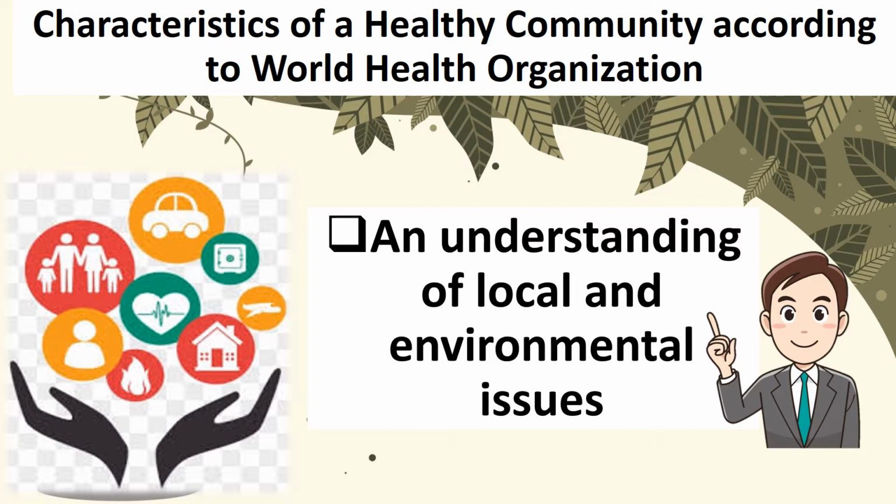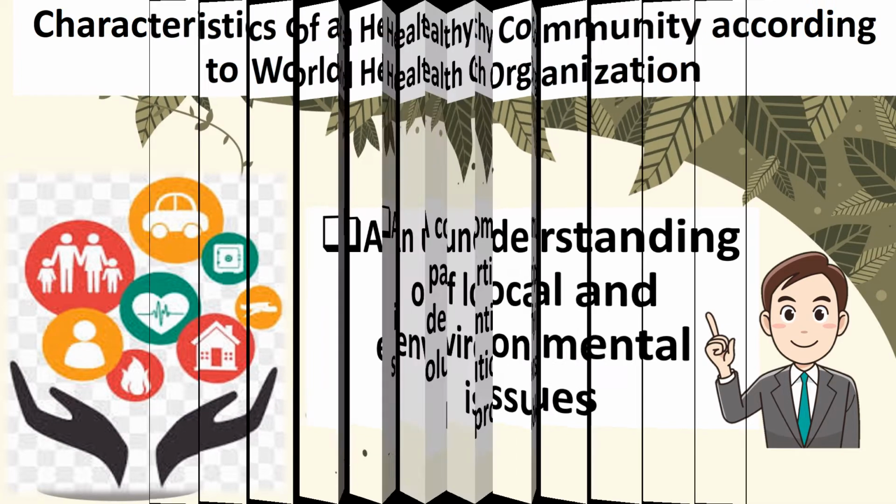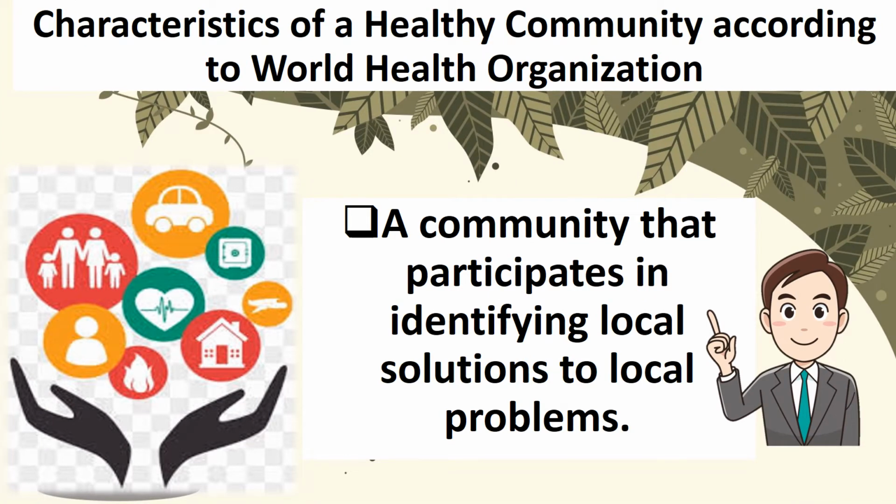A community is said to be healthy if people living in that place understand the different issues happening in their community. The next one is a community that participates in identifying local solutions to local problems. A community is said to be healthy if the people living in that place are participating and communicating with each other, identifying local solutions to those problems happening in their community.